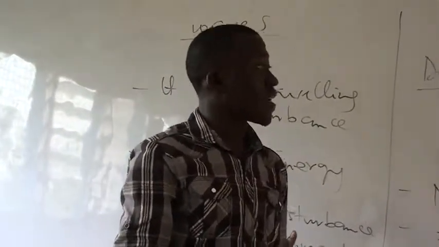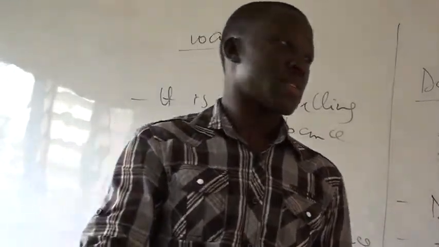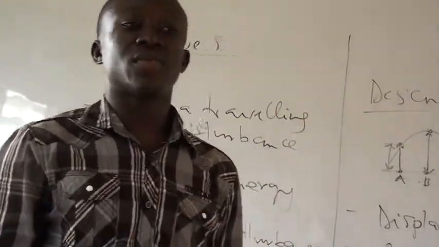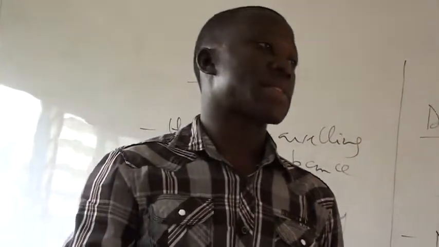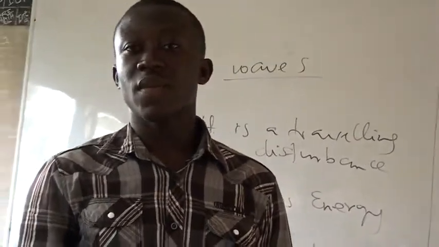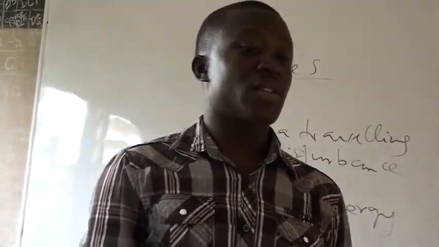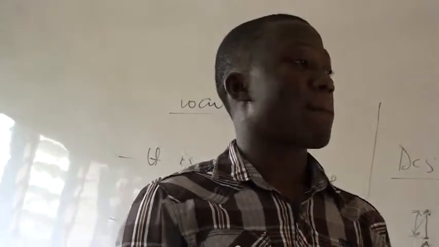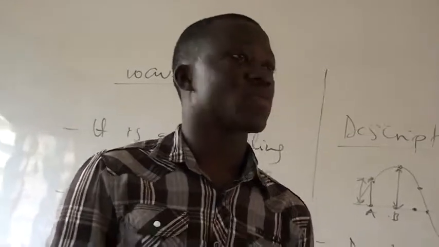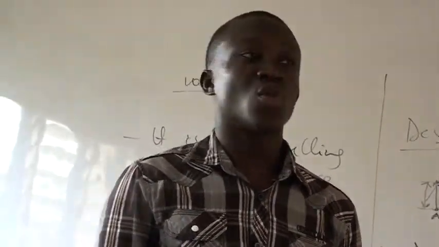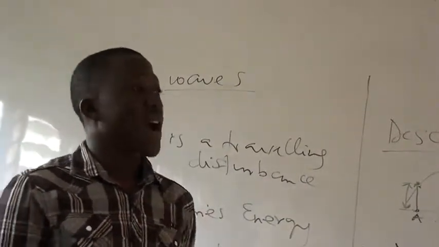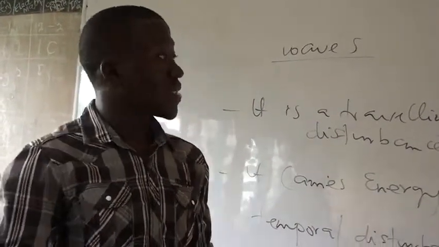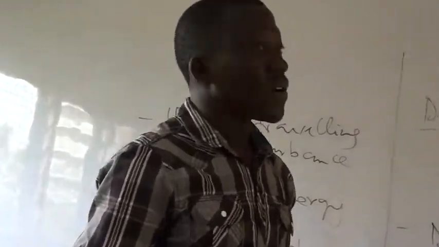So the trough is the lowest position of particles along a wave, or the lowest point along the wave. So know about the crest and the trough. Is it clear? Alright, now the next thing, wavelength.